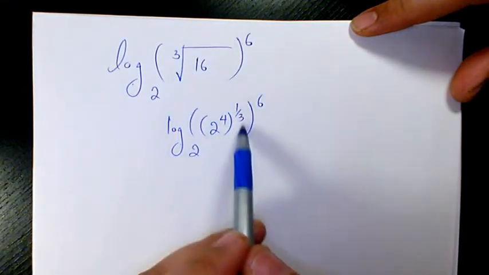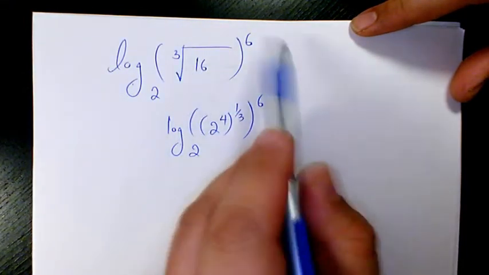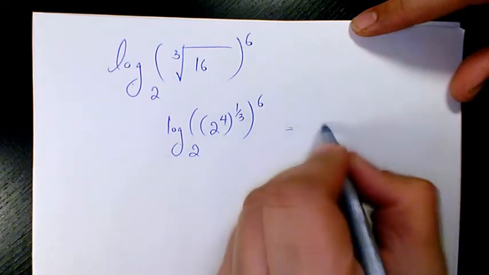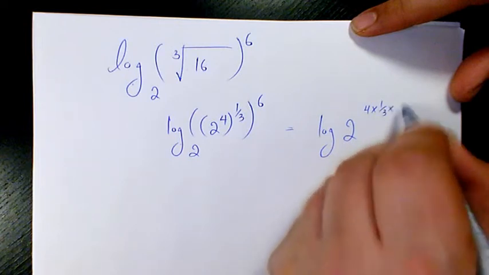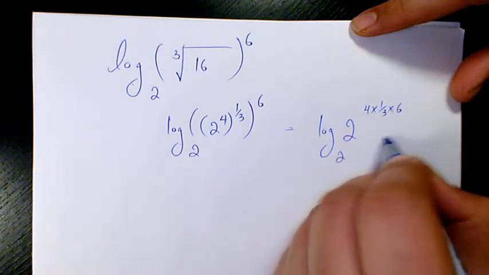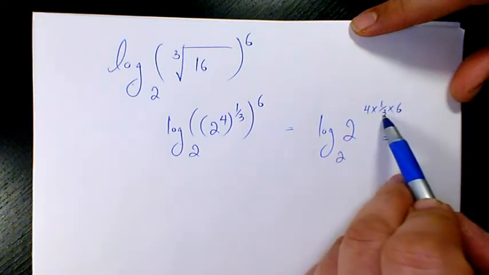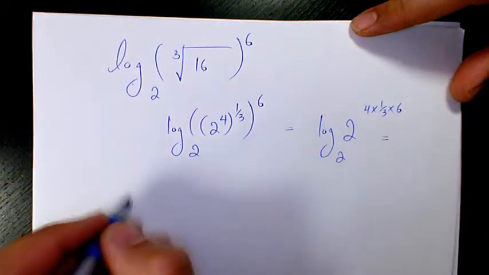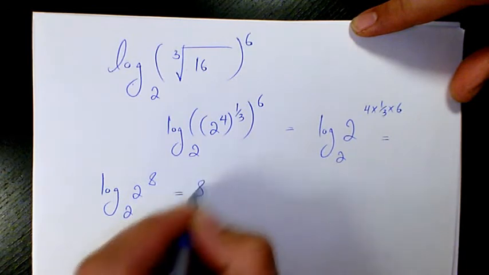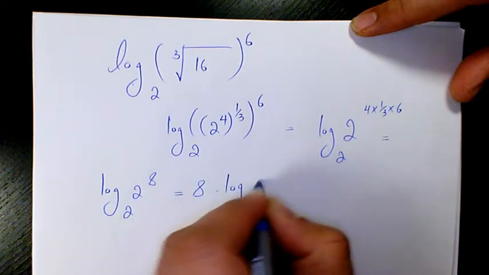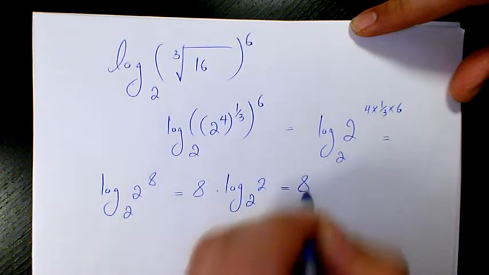Cube root is 1 over 3. 16 is 2 to the power of 4, and we have the power of 6, which is going to be log 2 to the power of 4 times 1 over 3 times 6 base 2. 6 times 1 over 3 is going to be 2. 2 times 4 is going to be 8. So it's going to be log 2 to the power of 8 base 2. That's going to be 8 times log 2 base 2, which is equal to 8.